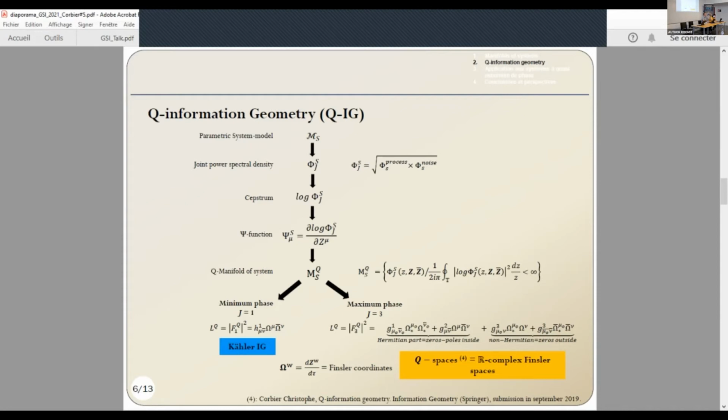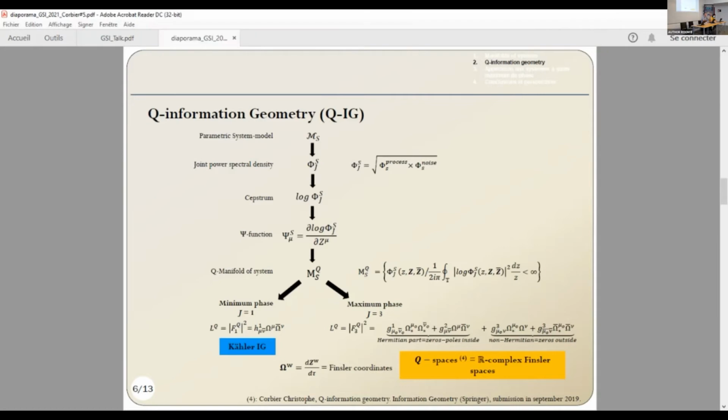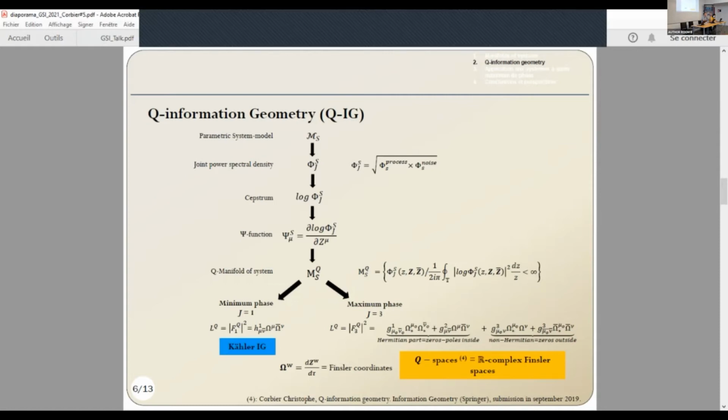After, we take the cepstrum as the logarithm, and we define a psi function as the derivative of the cepstrum with respect to z mu, where z mu are zeros and poles. After, we define the Q manifold of systems as this, where we organize the joint PSD with conditions for convergence.